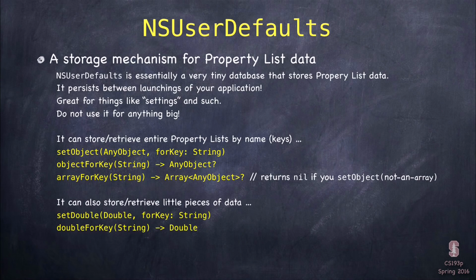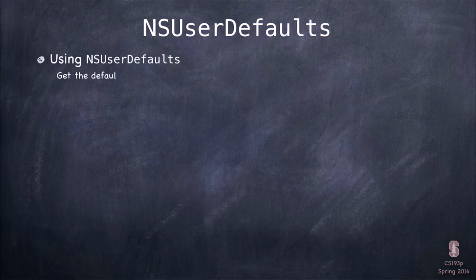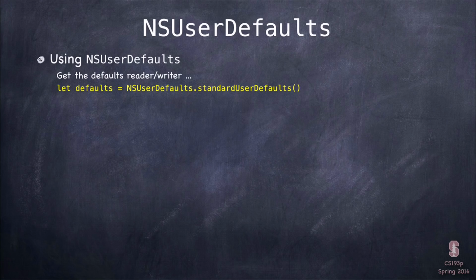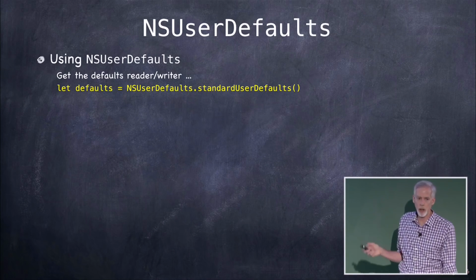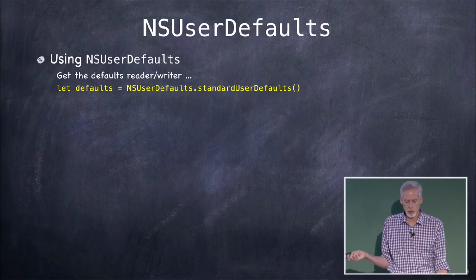Okay? It can also store smaller things, like you can say set double, and it'll make a little property list out of a double, because a double by itself is a property list, right? Because it's one of those classes, okay? Just like array is. How do you use user defaults? You create a shared one using this class or type method, NSUserDefaults, standard user defaults. This gives you this shared instance of user defaults.